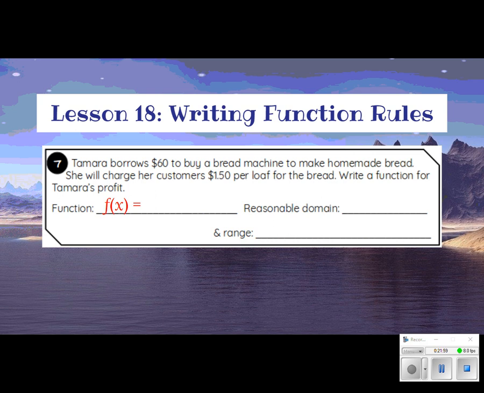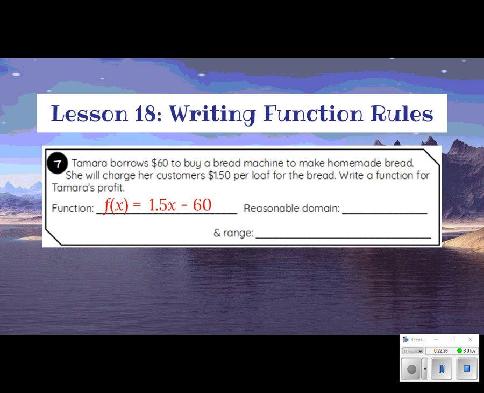She's going to charge her customers, so she's going to have income, money coming in, of $1.50 per loaf of bread. We don't know how many loaves of bread she is going to sell, so loaves of bread is going to be x. To get her income, she's going to be multiplying $1.50 times x, but then she's going to subtract that $60 off. So it's going to look like 1.5x minus 60.